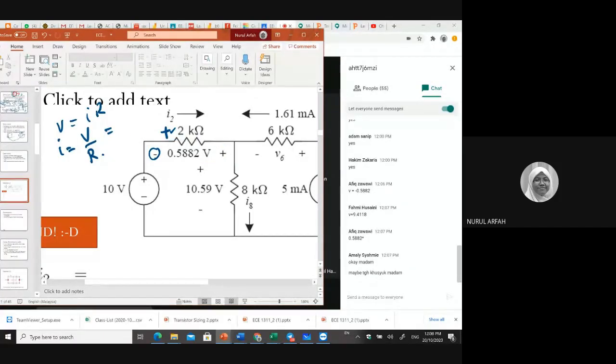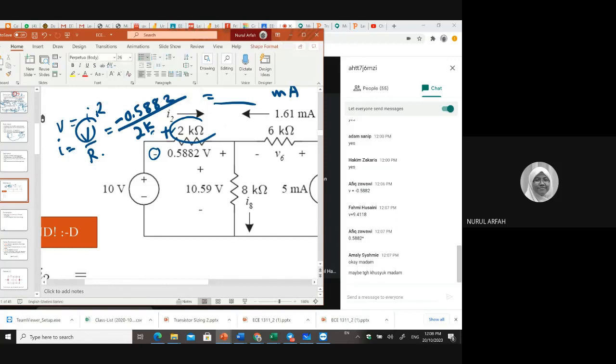So I just erase that one. You have a negative 0.5882 for the value of V, and divide by R. R is 2K. So anything you divide by K, you will have a milli of something.